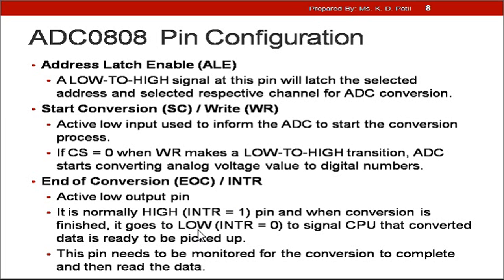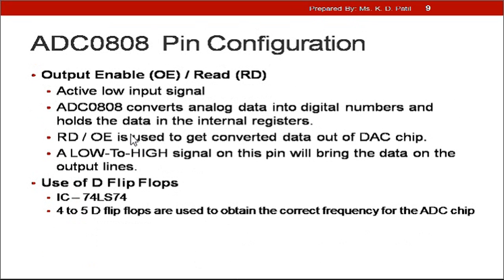That means when conversion is going on, this INTR pin will always be 1, and the moment conversion is finished, INTR will be 0, and it will signal the 8051 microcontroller that the data is converted and ready to pick up. This pin needs to be monitored continuously for the conversion, and then the data can be read. The next pin is the output enable pin.